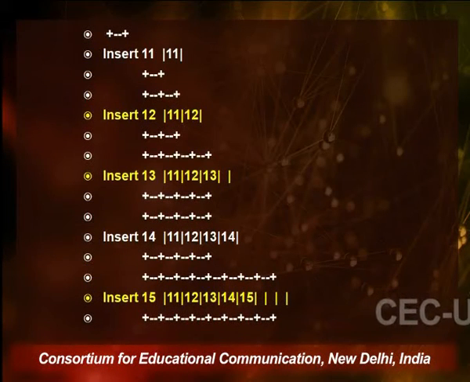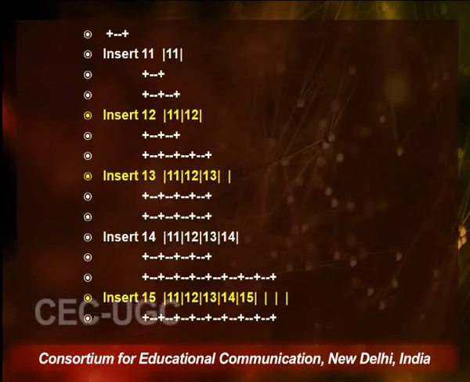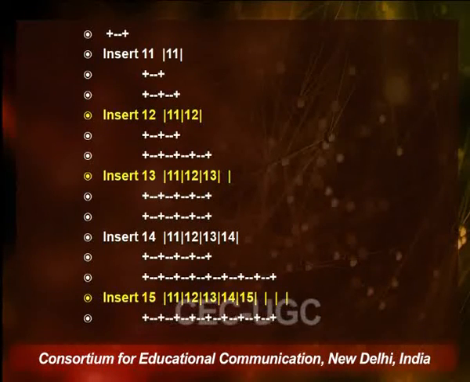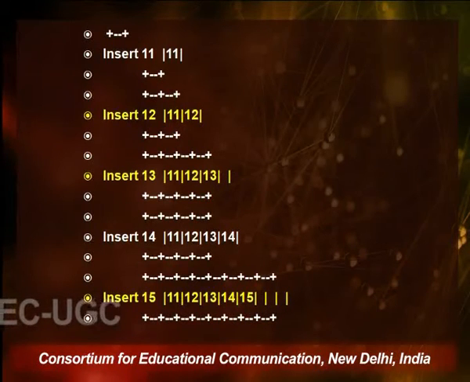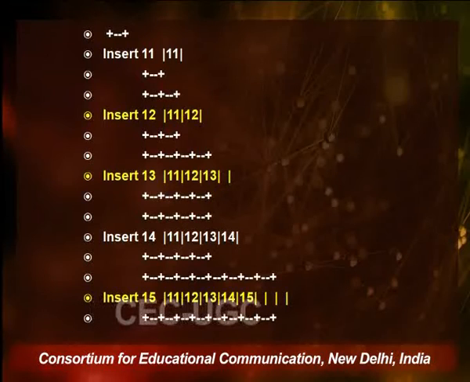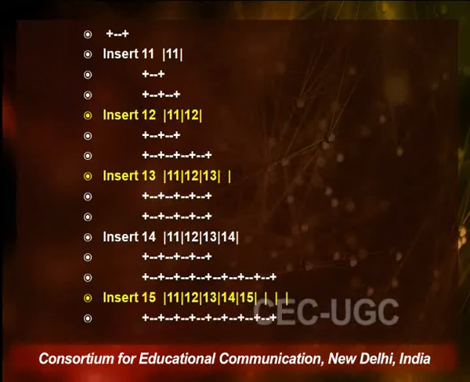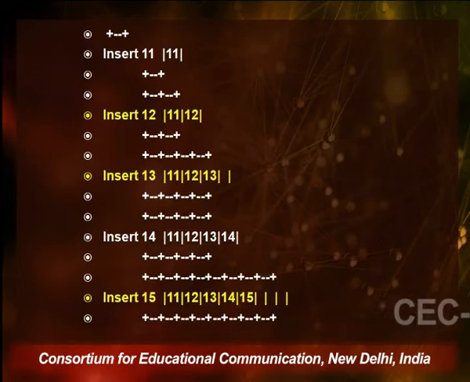So we have a one-cell array and we have inserted, let us say, 11. That is the one-cell array we have. If we try to add another element into that array, we do not have the space. So if we do not have the space, what do we need to do? We need to create a new array.